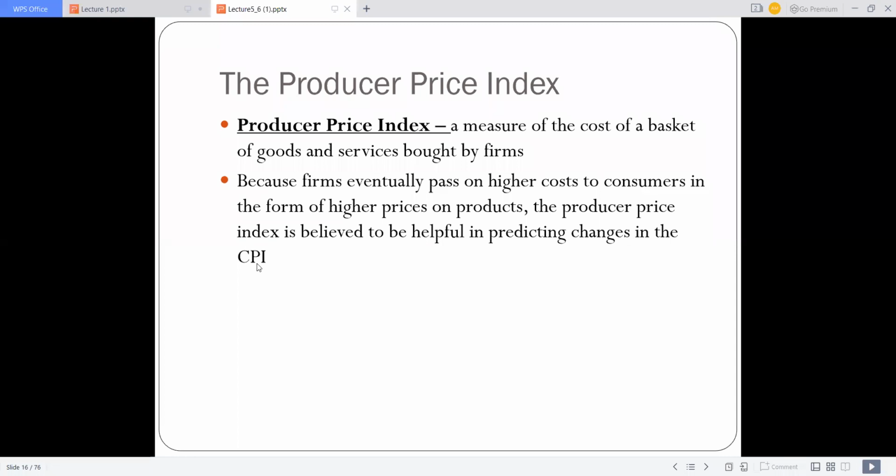So if you want to know that consumer price index may change, the best way to go around it is to analyze the producer price index. The formula for calculating price index is the same way for calculating producer price index, just like we did for the consumer. Any question?